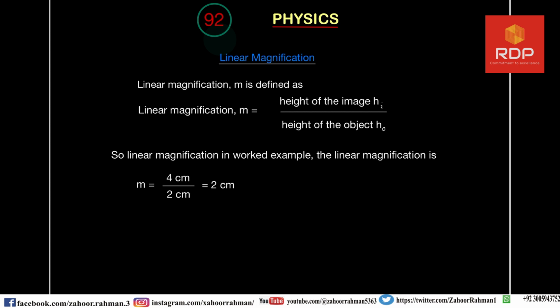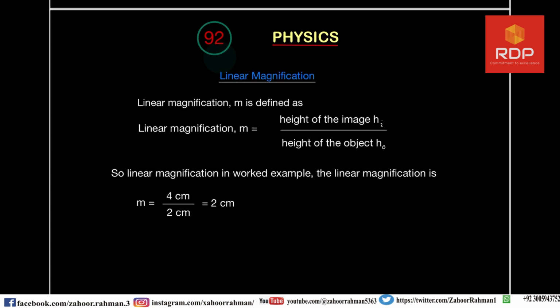Because that was the height of the image, and there were 4 small squares, and the object was 2 centimeter of height. So when we divide 4 centimeter by 2 centimeter, we will get 2. Okay, that was the whole story about the previous worked example.